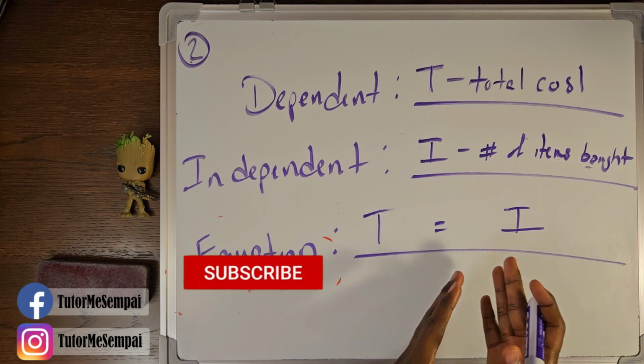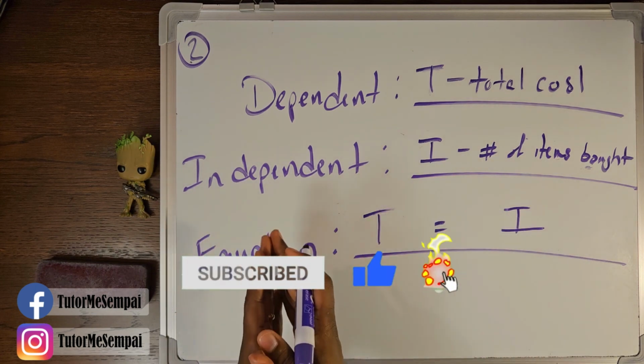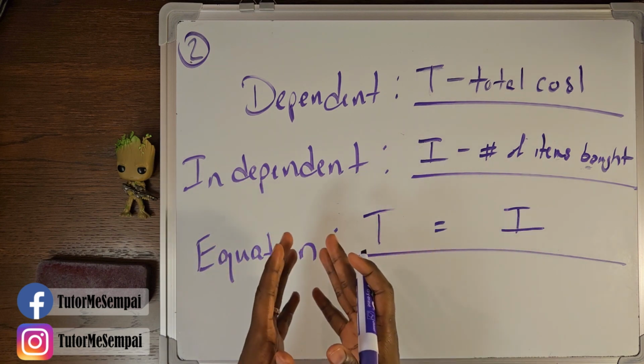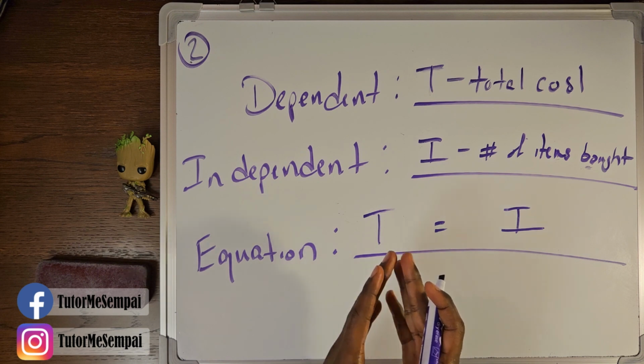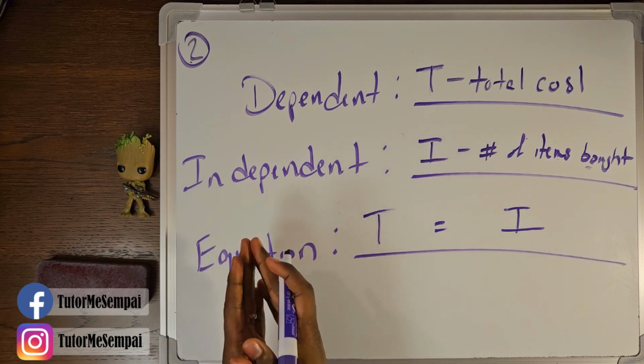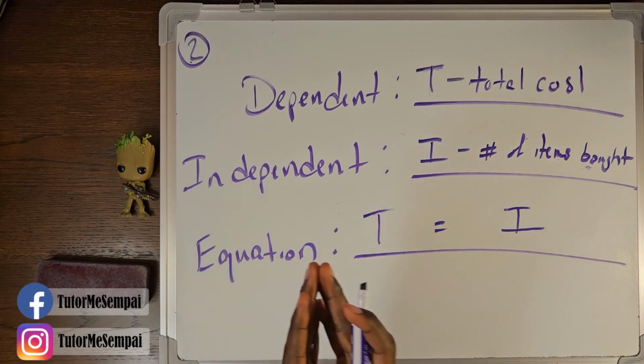Well, in between is going to be how much everything costs, right? Individually, we know that every item in this store is going to be 99 cents for our example. So if we bought two things, each of those two things costs 99 cents. So it's 99 cents per item.